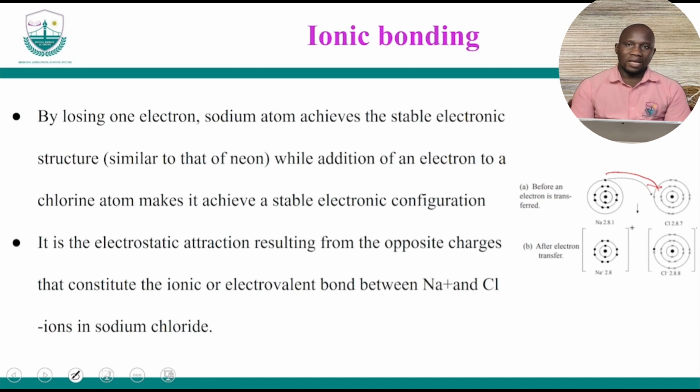By losing 1 electron, sodium attains a stable electronic configuration similar to that of neon, and the addition of 1 electron to the chlorine atom makes it attain a stable configuration too. The positive and negative attractions constitute what we call the electrovalent bond, or ionic bond, between sodium and chloride ions in sodium chloride.